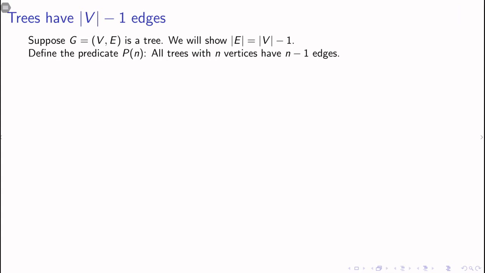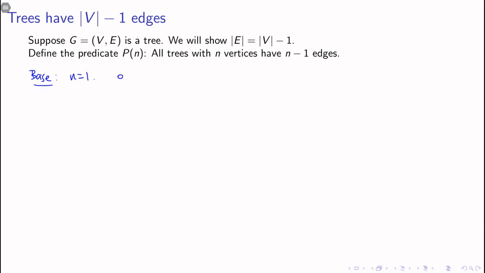Okay, so we're going to do this by induction on the number of vertices in your tree. Right? And so this is our predicate here. P of n is the statement: all trees with n vertices have n minus 1 edges. Okay, so let's check a number of base cases here. N equals 1.